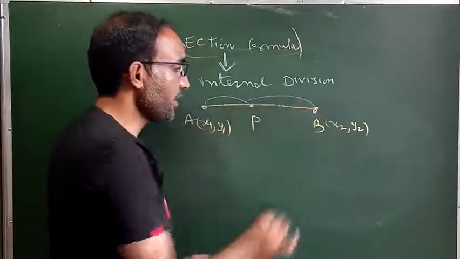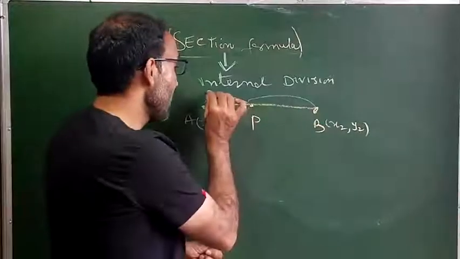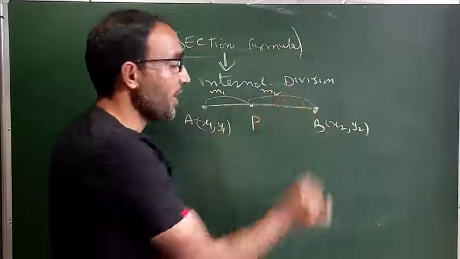Let's say that it divides this line segment AB in the ratio of m1 is to m2.